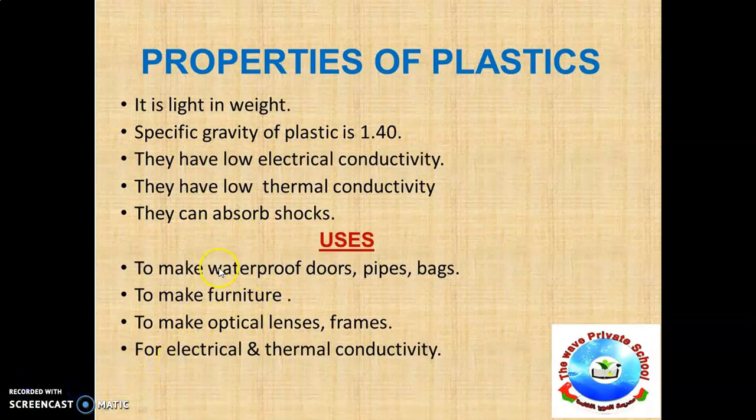And don't think these are the only uses of plastic. We have many uses. Plastic may be used for drinking cups, bowls for washing in, bottles, jars for the food materials we are storing, and also for drinks, window frames, and so on. Many uses we have.